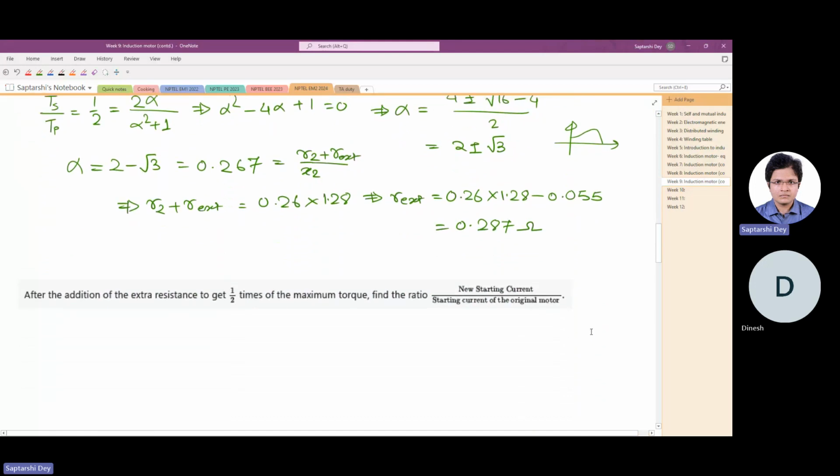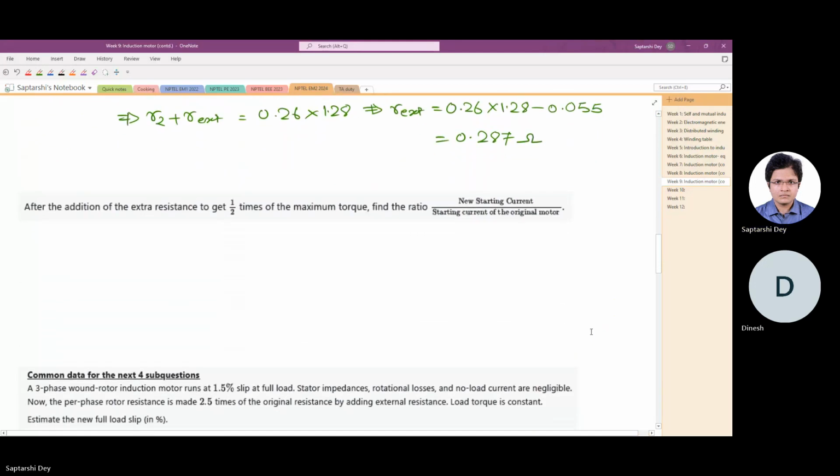With this, we will proceed to the next question. After the addition of the extra resistance to get half times the maximum torque, find the ratio of the new starting current to the starting current of the original motor. Now, today we have the circuit at our disposal.